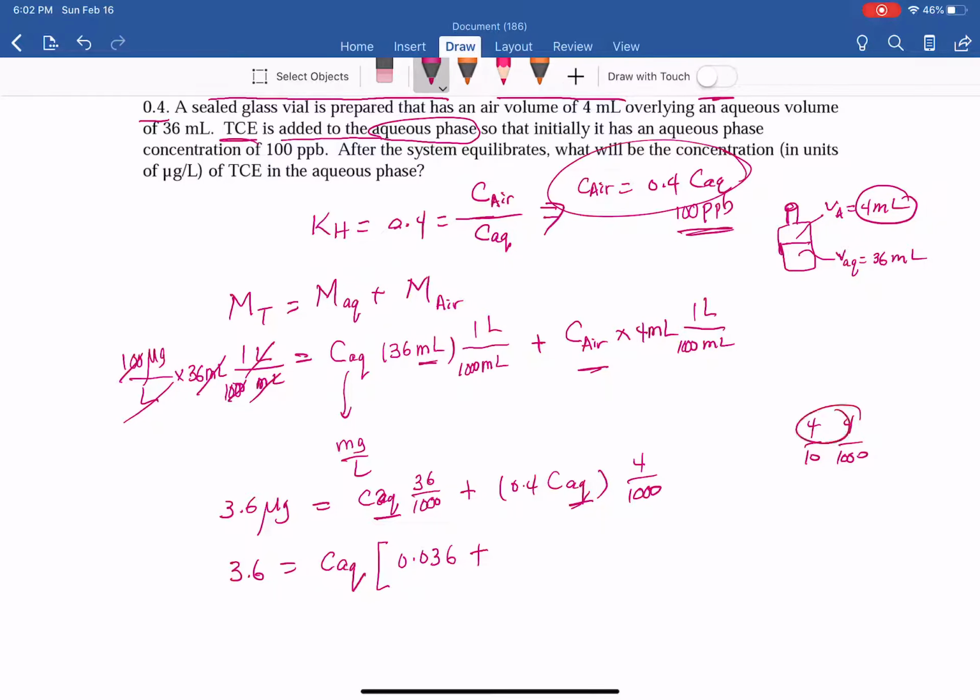4 times 4 is 16. 16 over 10, so it will be like this, 16, so 4. That's good. So it's 0.0 and so on.